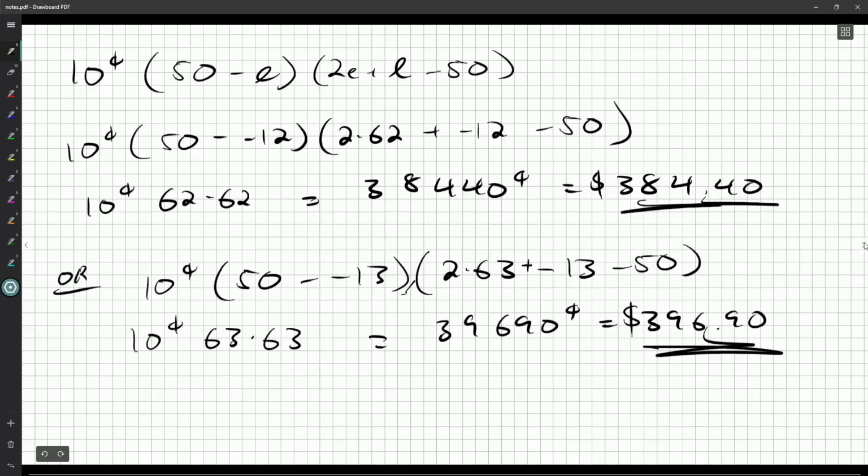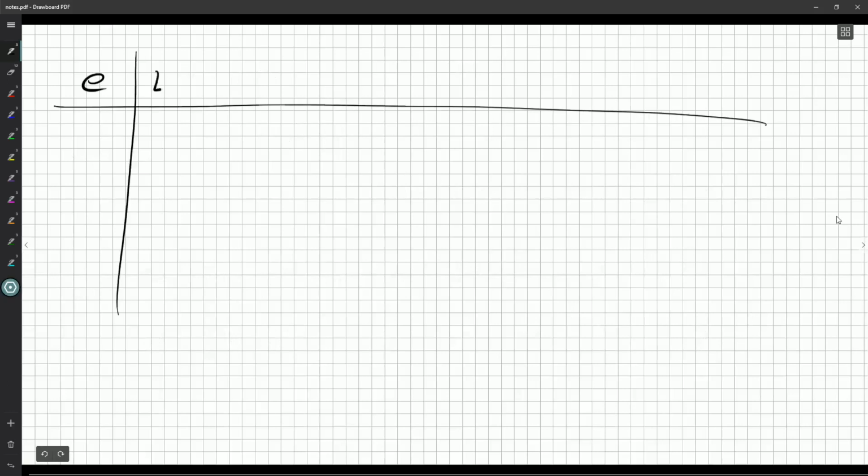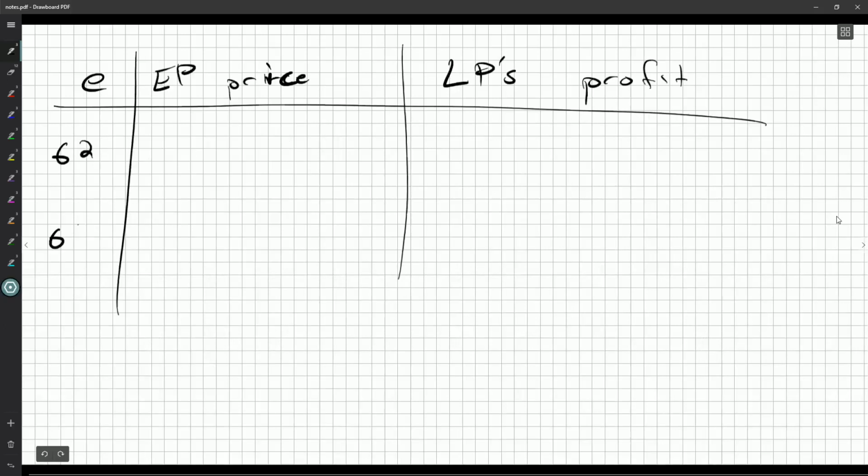So what we could do is perhaps summarize. So her price, and then Lino's Pizza's profit, because those are the things we were asked for. 62, 63. This was 396.90.